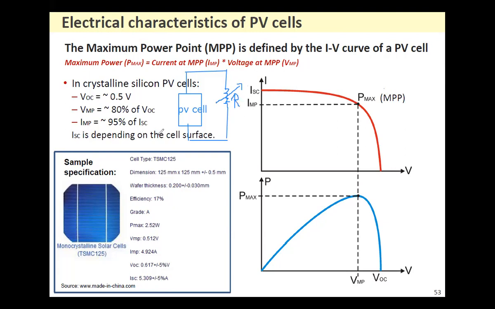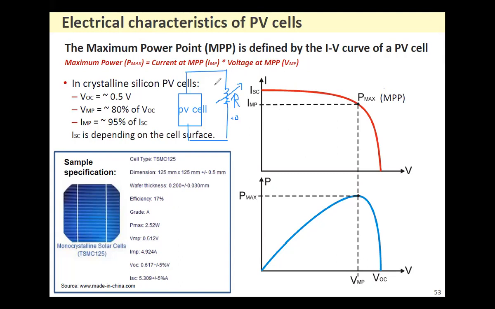What you do at the start, you move the resistance to 0 value, so the current flow is the I short circuit, and then you start increasing the resistance.